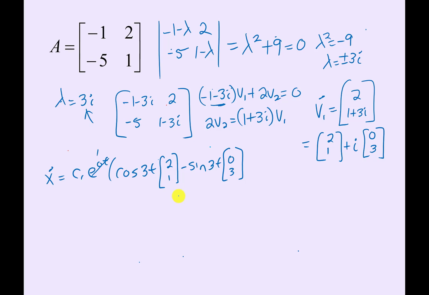And then I'll put it down below so I don't crash there. So then we need c2, and again it's e to the 0t, so we don't need to list that, times sine of 3t times the real part of the eigenvector plus cosine 3t times the imaginary part of the vector.